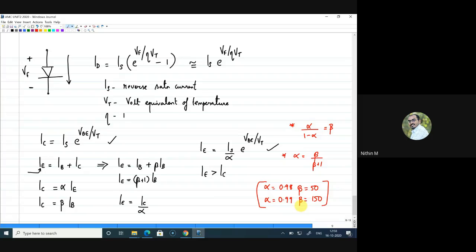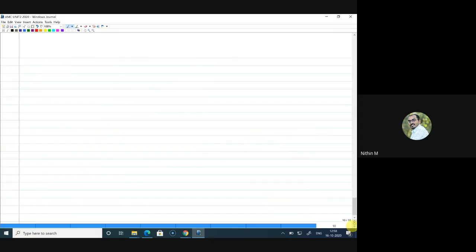All right. So I'll just show you the structures, how we have drawn the MOSFET, in a similar way. If you draw a BJT, it will be something like this. You will have an N region from which you will have an emitter.